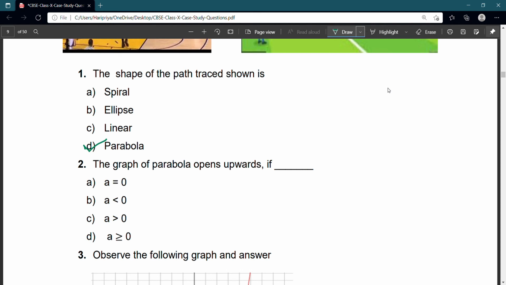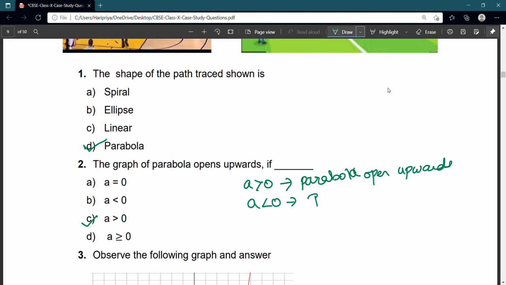If the parabola opens upwards, then A is greater than 0. If A is less than 0, the parabola opens downwards.